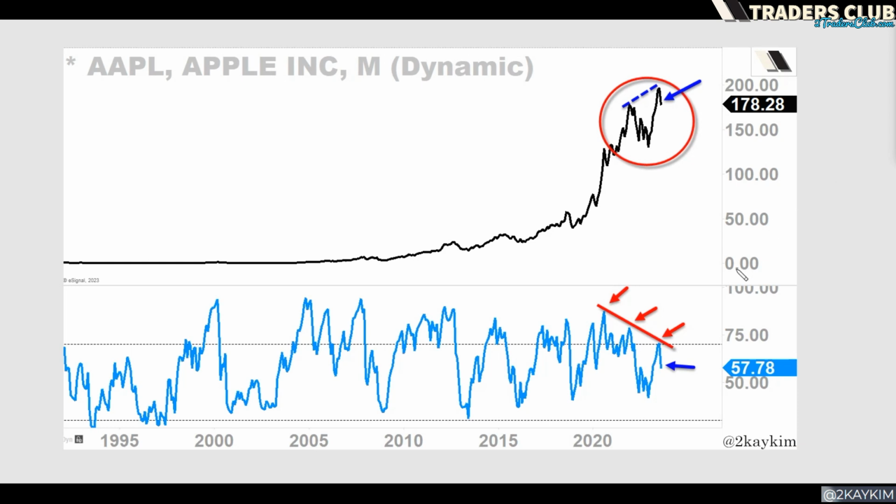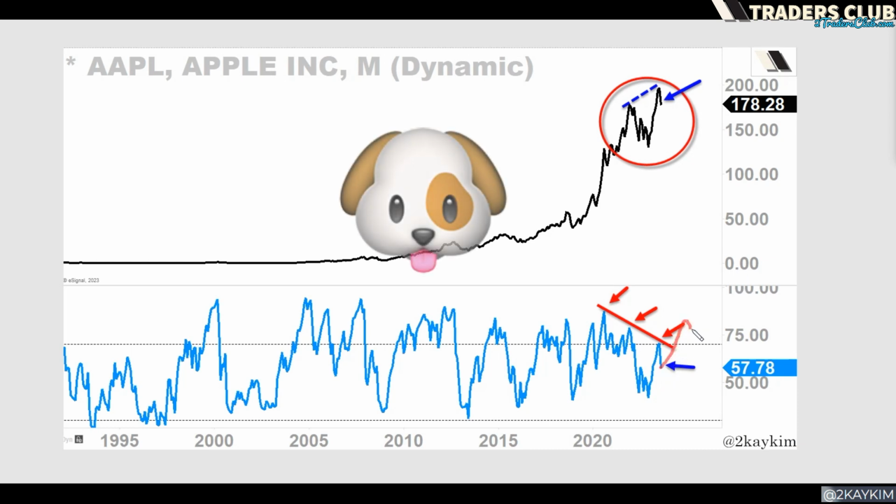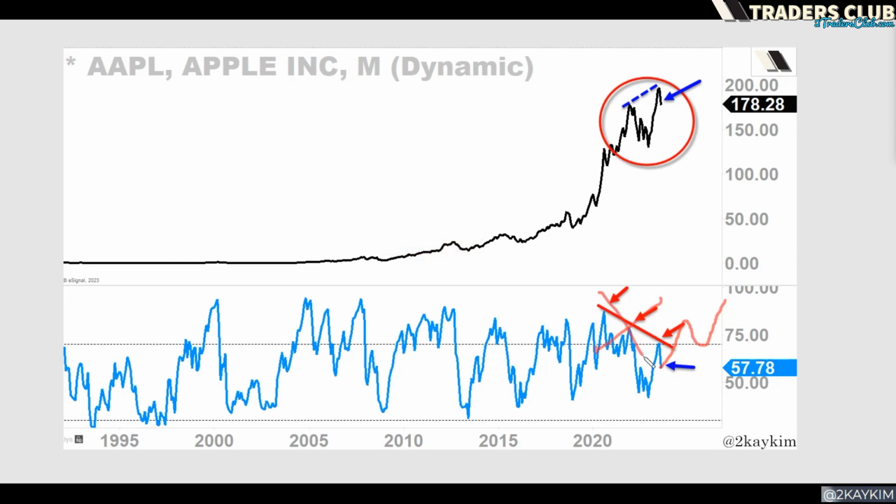Obviously all signals can be nullified. If this oscillator can get back up here and fully neutralize this bearish divergence, I think then Apple could potentially consolidate in some sort and then possibly continue with this primary-term uptrend.